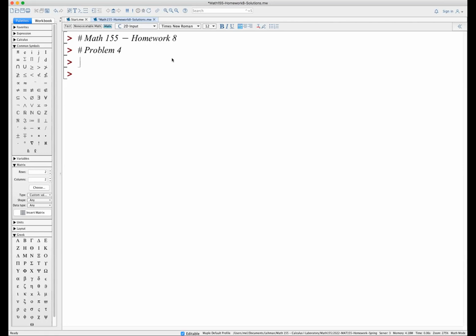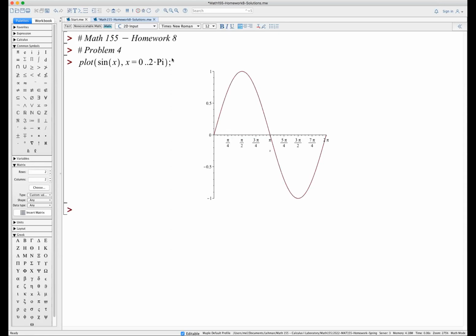So I was up to problem 4, and we are going to, first of all, plot the function sine x, x going from 0 to 2 pi, 2 times capital Pi. And that's the plot.